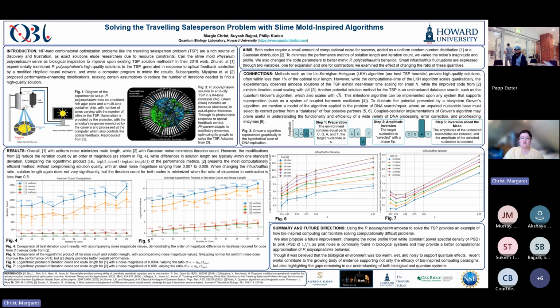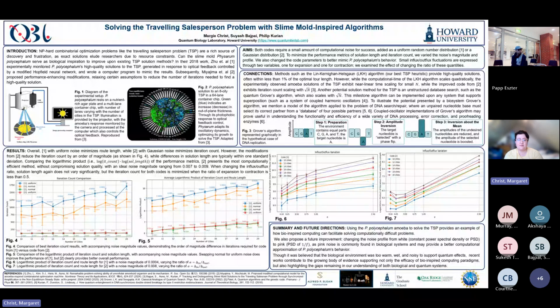But there are also other options that can be explored for finding solutions to the traveling salesperson problem. One of these is an unstructured database search, which then connects us to Grover's algorithm, the well-known quantum algorithm for unstructured database search. And it's interesting to note that this algorithm can be implemented upon any system that supports superposition, such as a system of coupled harmonic oscillators.